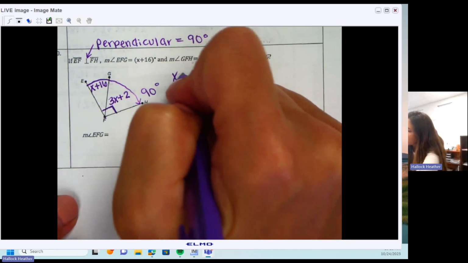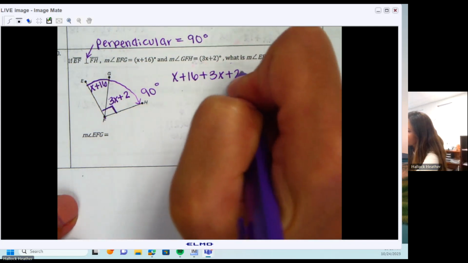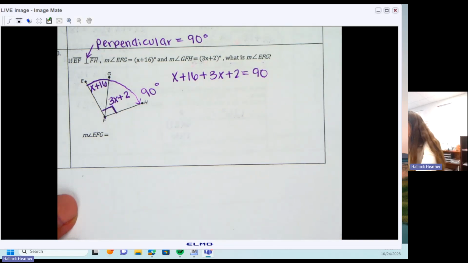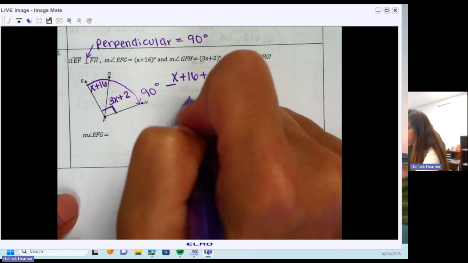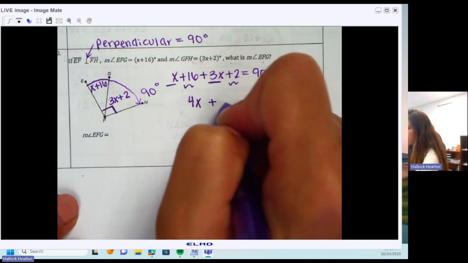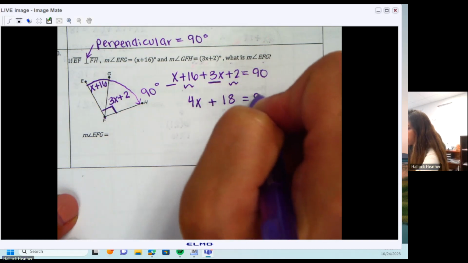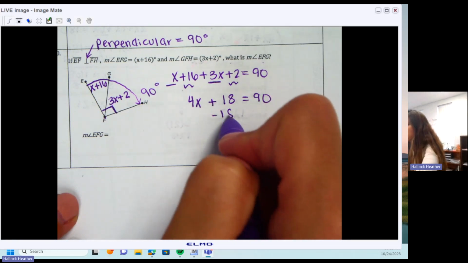So I'm doing x plus 16 plus 3x plus 2 equals 90 degrees. Combine like terms, 1x and 3x make 4x. 16 and 2 make 18. I'm going to minus 18 from both sides.